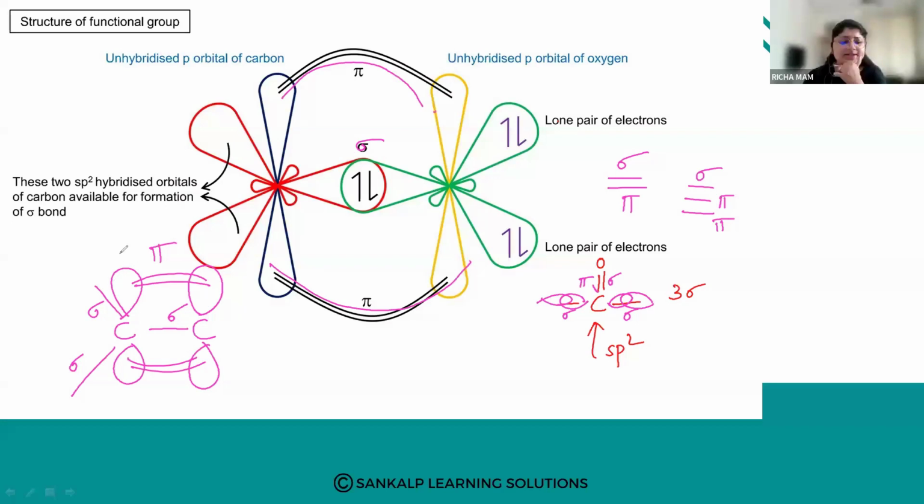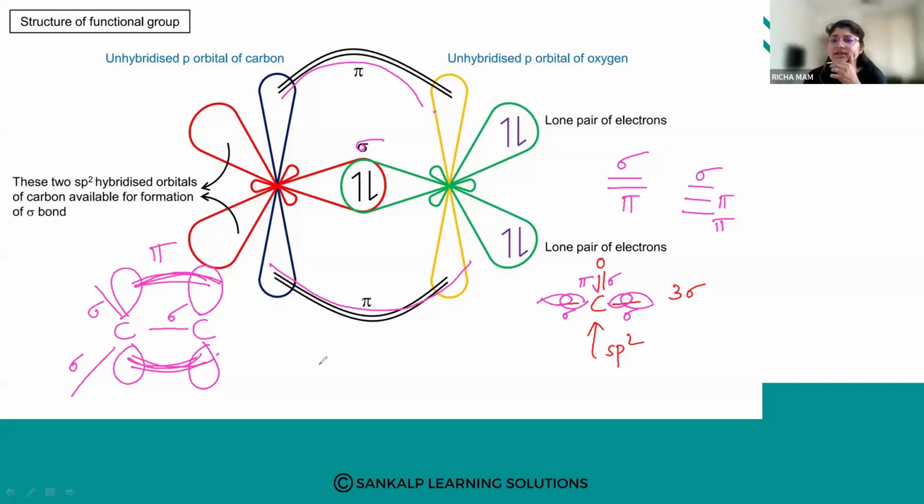The unhybridized p orbital of carbon overlaps with the p orbital of the oxygen atom, and thus they form a pi bond. This pi cloud, one is above and one is below the plane of the molecule.